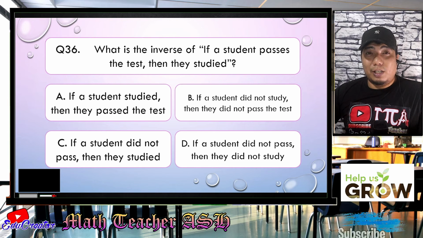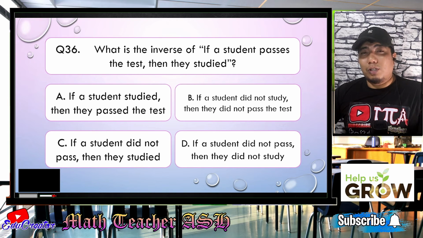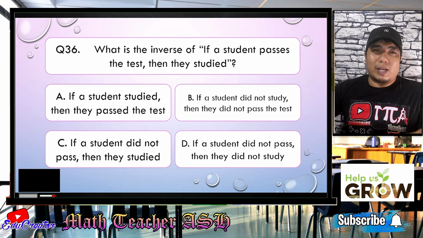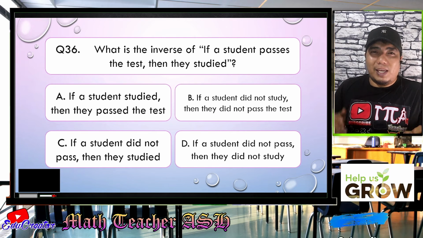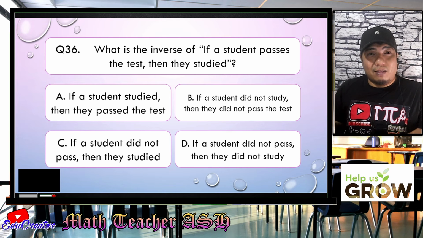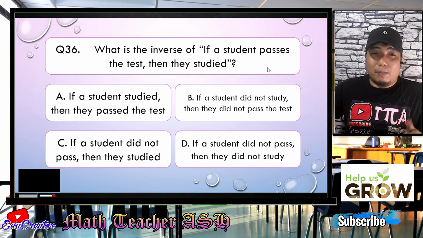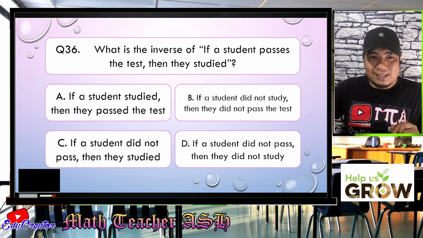Alright, math learners, if you remember the relationship of our conditional statements earlier, in order to get the inverse of the conditional statement, what we need to do is negate both parts. So if A, then B for the conditional statement, then the inverse statement should be if not A, then not B. So if a student passes the test, it should become if a student did not pass the test.